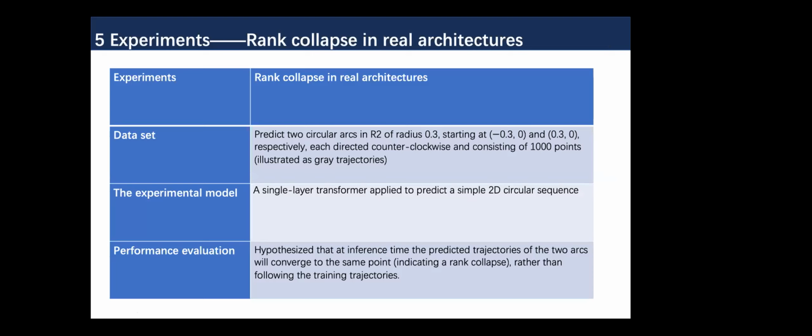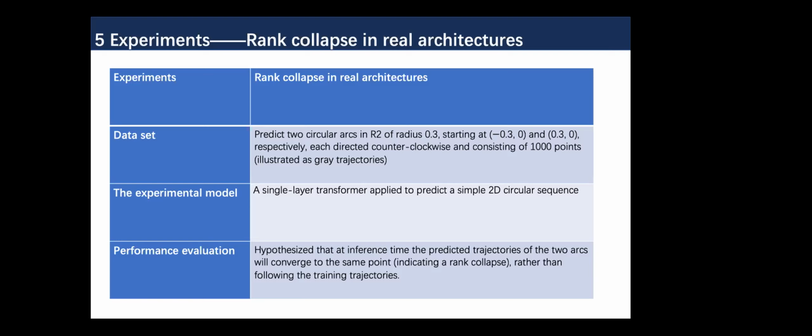And the second experiment we did is rank collapse in real architectures. In this experiment, our data set is used to predict two circular arcs in R2 of radius 0.3, starting at these two points, respectively, each going counterclockwise and consisting of 1,000 points. The experimental model is a single-layer transformer applied to predict a simple 2D circular sequence.